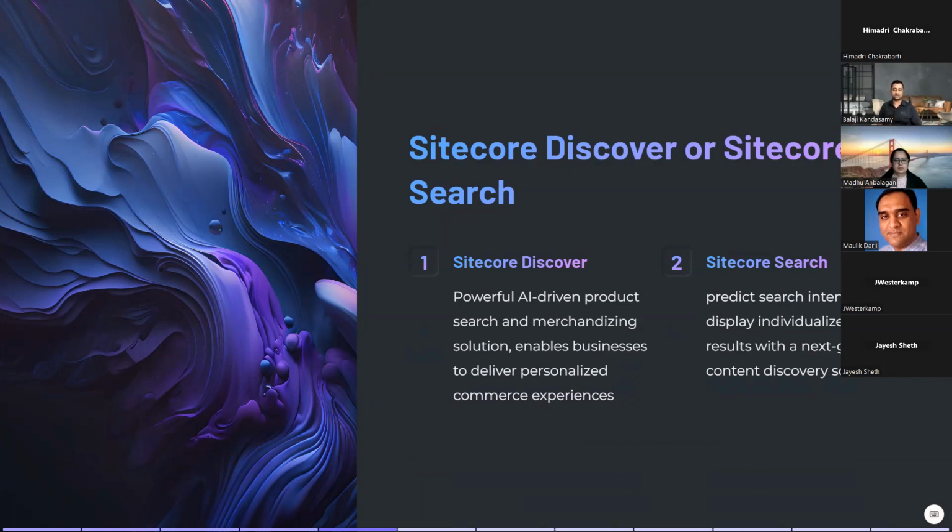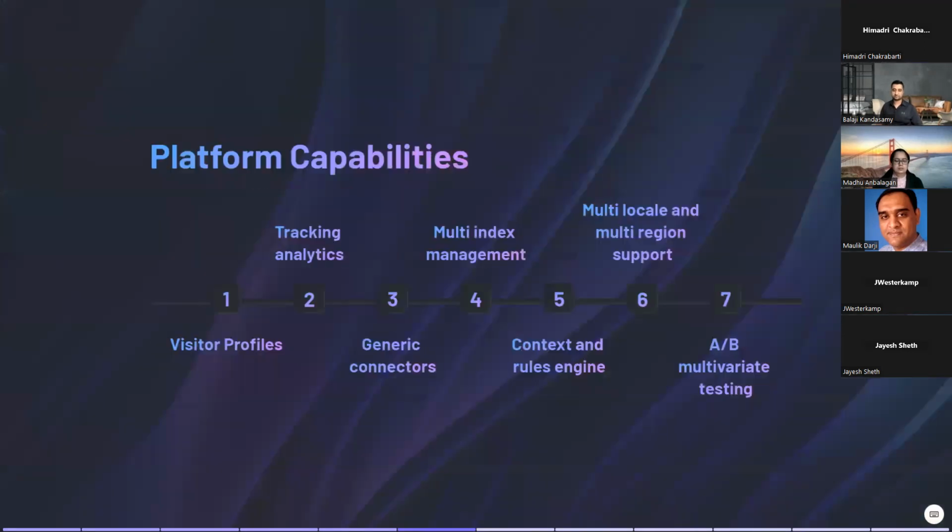It's been there for a long time, and big brands like Big Lots and Rite Aid and a lot of other big companies are already using it. So it's not new to the market. Sitecore Search is more like a subset of the Sitecore Discover platform, and it is mainly focused on content-related search. So they are two different platforms, just for clarity.